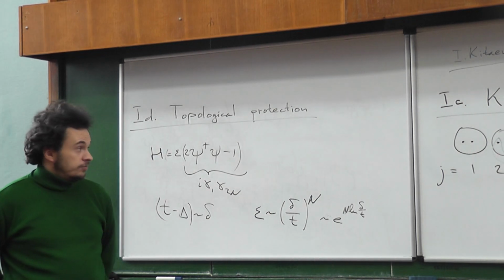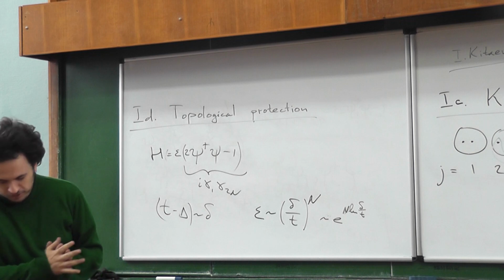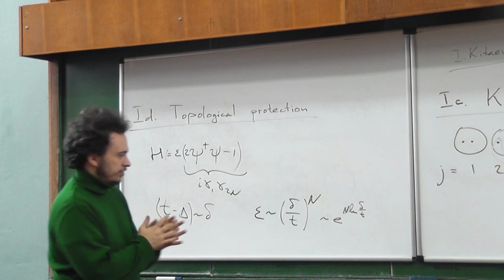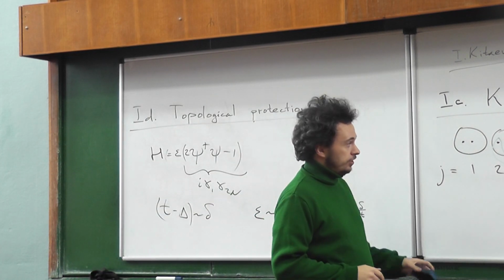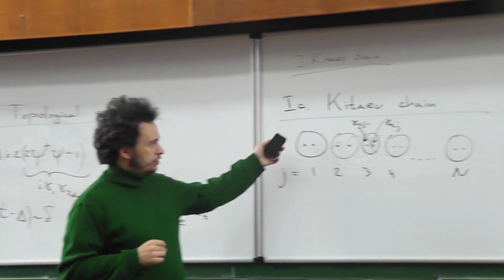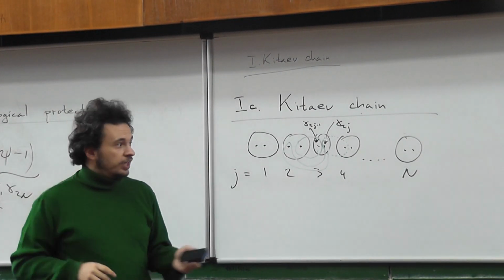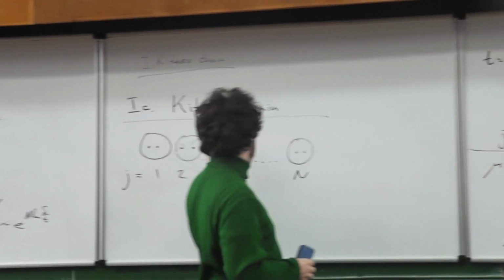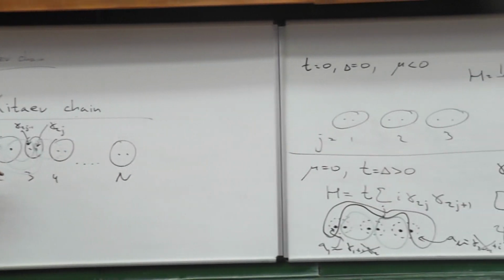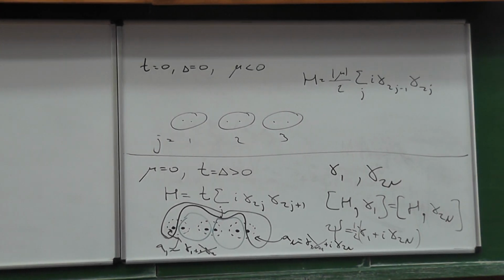I have a few minutes before the end of this lecture to tell you about some real implementations of this Kitaev chain, because as I told you, the superconductivity, the chemical potential that prefers some density is finite.